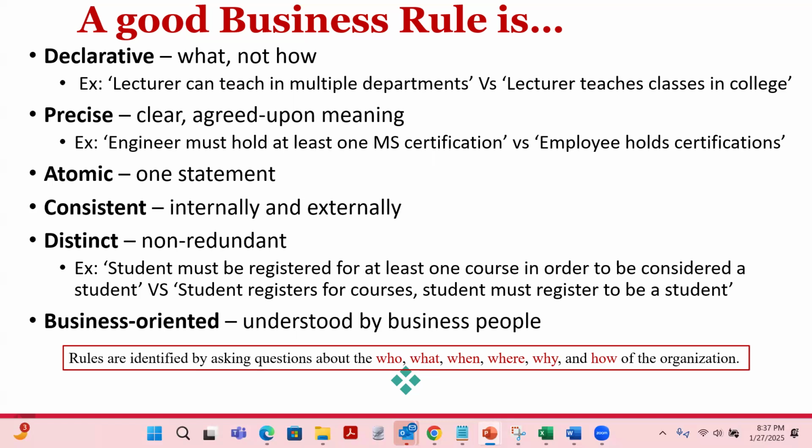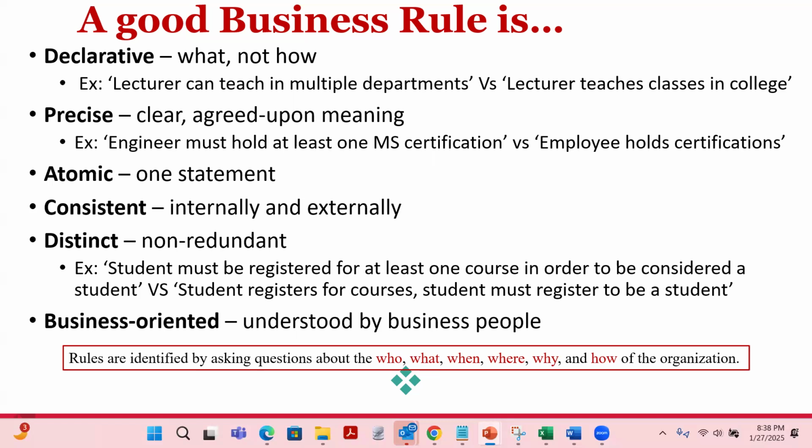So good business rules are identified by asking questions about who, what, when, where, why, and how of the organization. All of those questions allow designers to collect business rules for future database development.